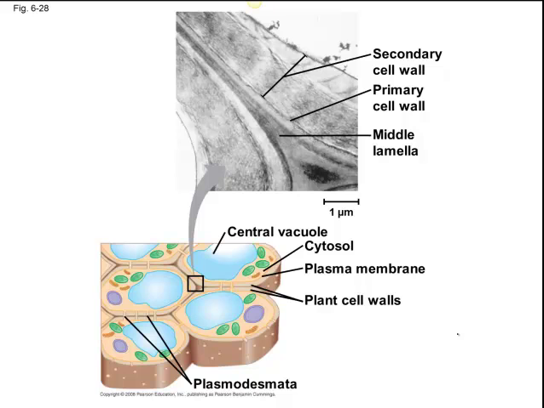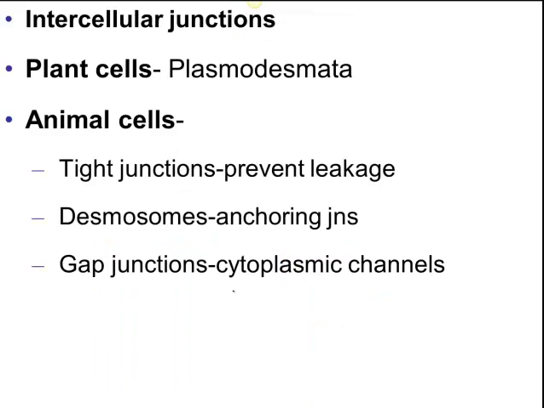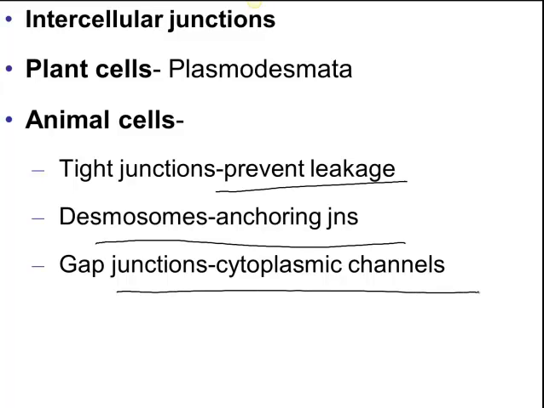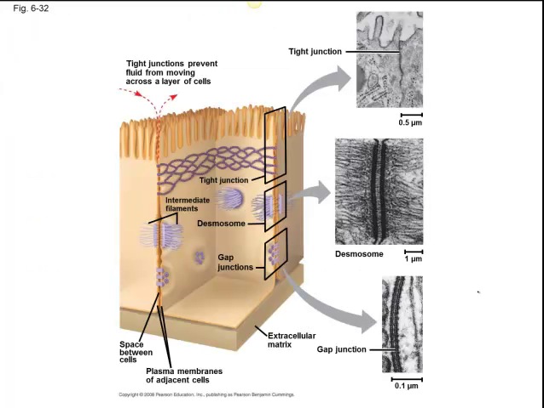So this is your cell, plant cells, which have these connecting channels between two cells, and they are plasmodesmata. Okay. So the tight junctions prevent leakage. Desmosomes are anchoring junctions. Gap junctions are cytoplasmic channels. Kind of what this looks like.